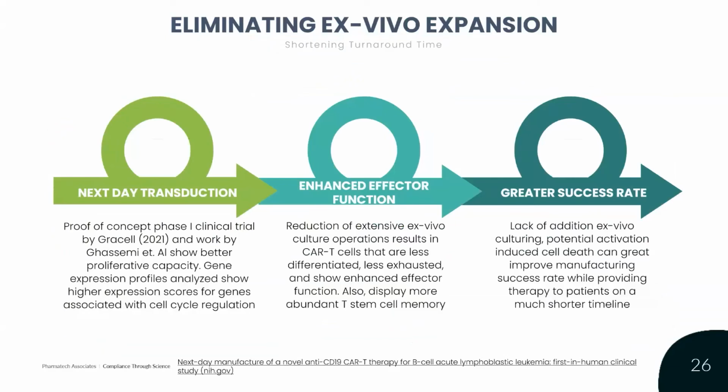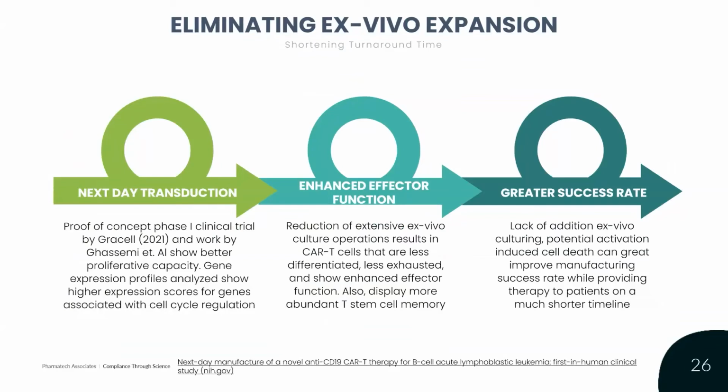And then the last one really that I mentioned previously is potentially eliminating ex vivo expansion. If we look at the phenotypic characterization that's been done over and over again, and folks are coming out with more and more results, there's a company called Graycell that has been trying to target 2-day or next day manufacturing of CAR T cell product.